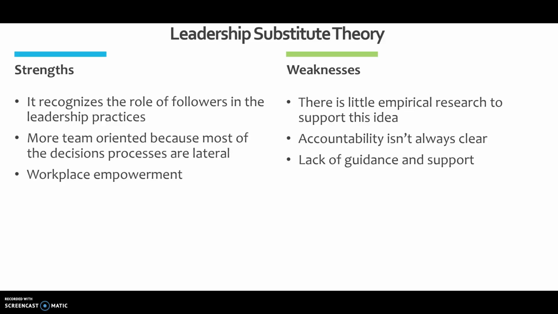Strengths: it recognizes the role of followers in leadership practices. It's more team-oriented because most of the decision processes are lateral. It promotes work empowerment. Some of the weaknesses: there is little research to support this idea. Accountability isn't always clear. Lack of guidance and support.